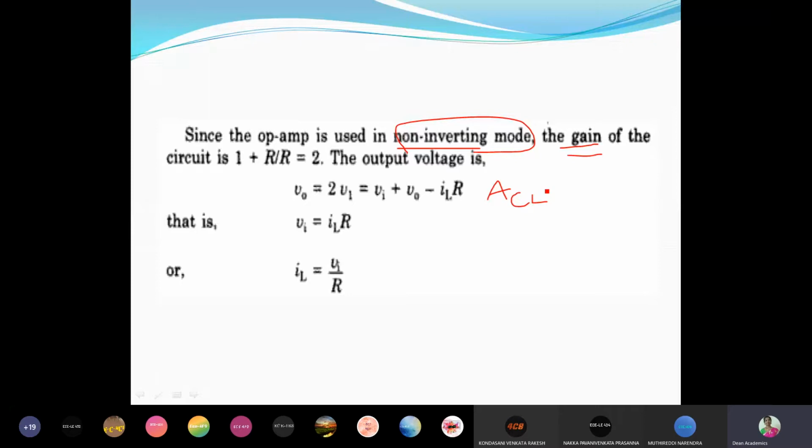That is the closed loop gain, ACL. We know it is 1 plus RF by R. RF and R are all the same, therefore the gain is equal to 2, and gain is nothing but V naught by V in. So V naught is equal to 2 times V in.